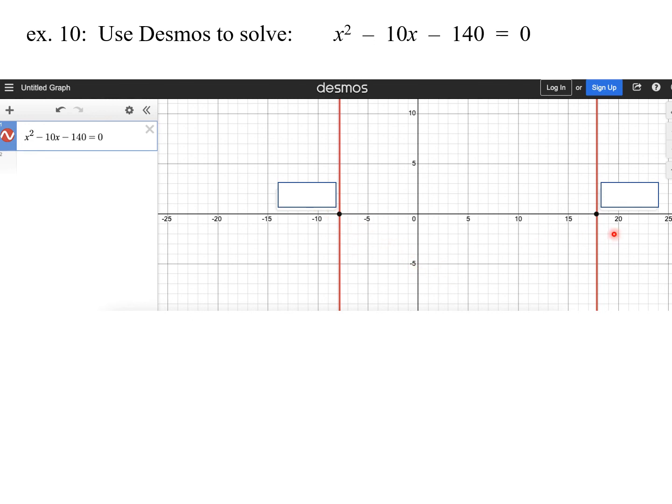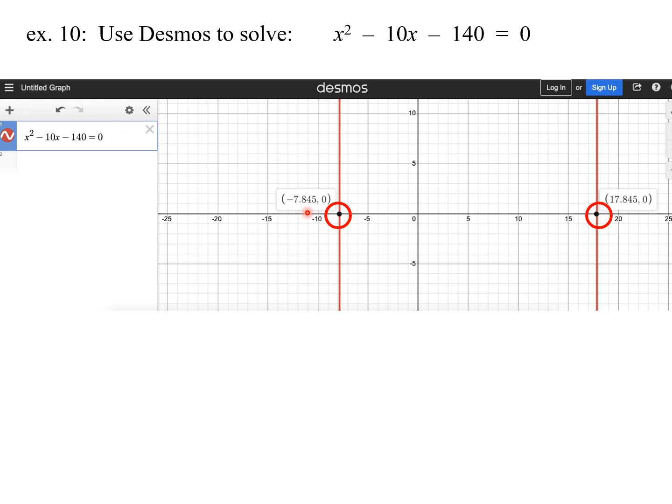And those will be the solutions, because this function, x squared minus 10x minus 140, is this graph, which turns out to be a parabola. If you zoom out far enough, you'll see that it's a parabola. And the zeros are where it crosses the x-axis, right there and right there. So Desmos solved this for us. If you highlight those points, it'll give you those values, which turn out to be these.